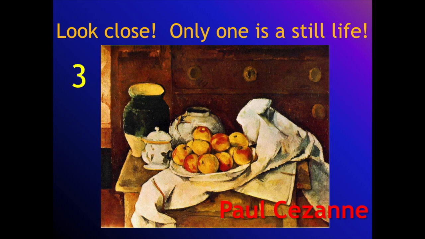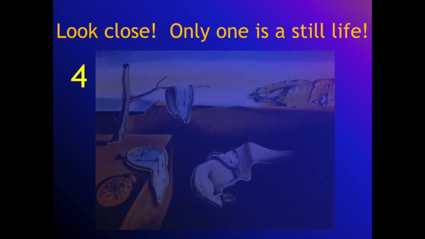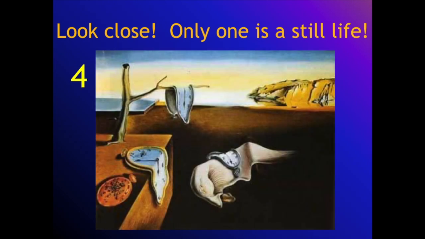All right, there's one more painting. Number 4. Here we go. Interesting. We've got some melted clocks, something that looks like a table, maybe an open field. I'm not sure if that's an animal or a person on the ground.